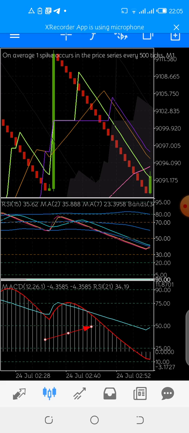The RSI window has the values of 90, 75, 50, and 25, and 10 down here.